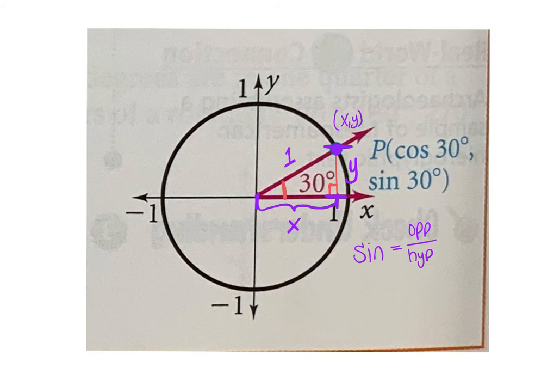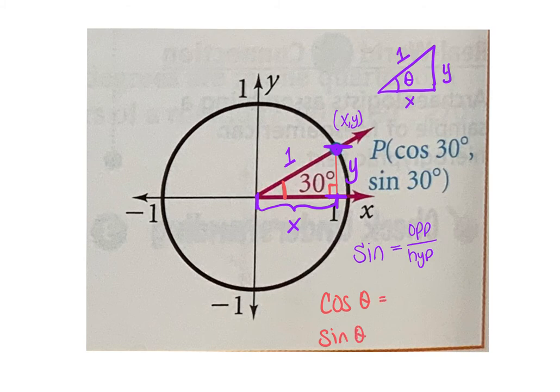Everybody agree with that? So I basically have this triangle with a y value there and an x value there. And my hypotenuse, we said, was 1 because it's the radius of the circle, correct? So if this is theta, how then would I find my cosine of theta and my sine of theta?